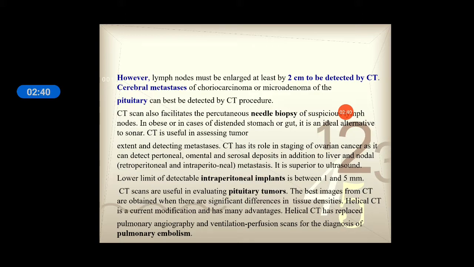Another thing is you can also detect tumors present in the pituitary or the cerebellum, that is, the cerebral metastasis of choriocarcinoma or microadenoma of the pituitary can be detected by the CT procedure. If the choriocarcinoma spreads to the cerebral area, that can also be seen in the CT scan, as can tumors of the pituitary like microadenoma or any other tumor in the CNS.